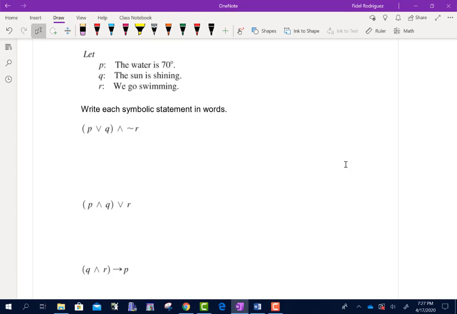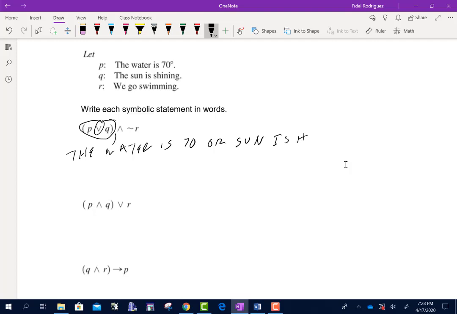It says, write the following statement in words. P is the water is 70. Q is the sun is shining. R is we go swimming. Okay, so let's see if we can write this out. Notice these two are written in parentheses, so I know I'm going to put a comma after that. So I'm going to say the water is 70. That little symbol right there is my or the sun is shining.